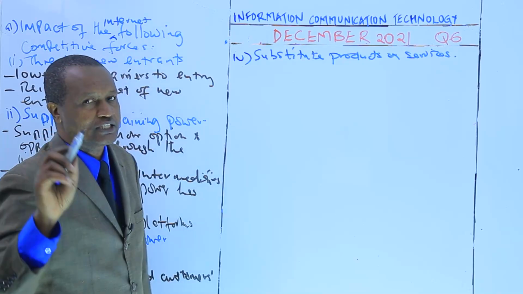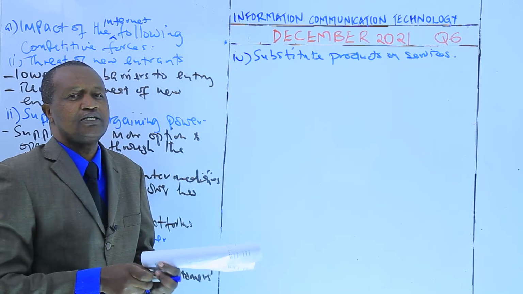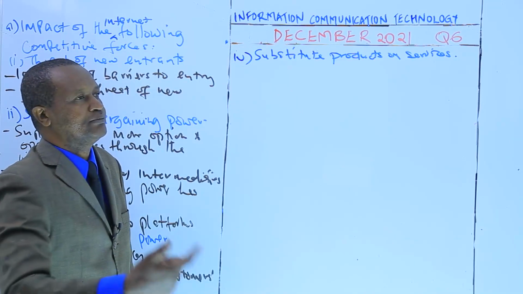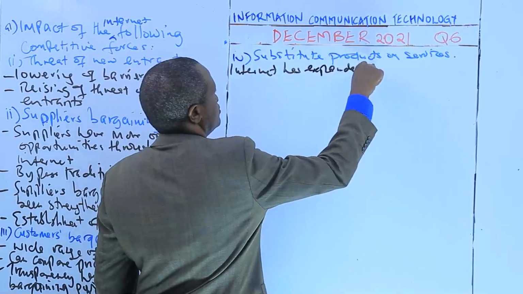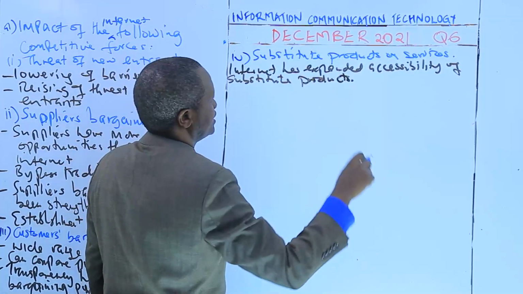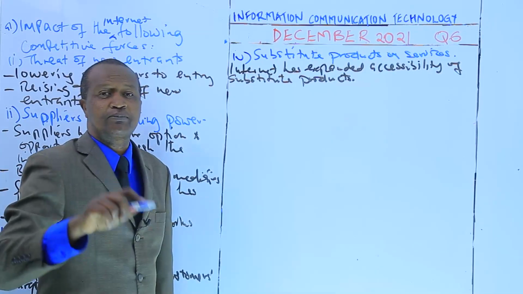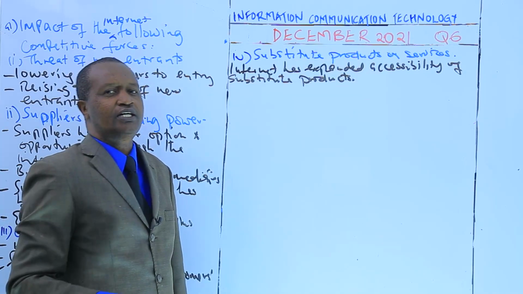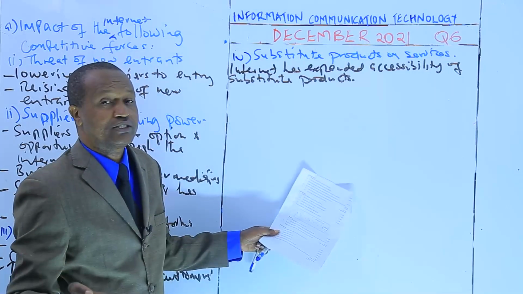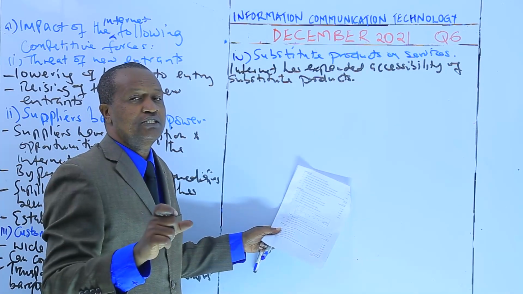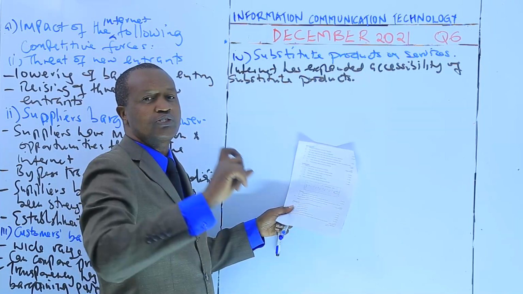The internet has expanded the availability and accessibility of substitute products or services, and it has also facilitated the emergence of new business models and digital offerings that can potentially replace traditional products or services.